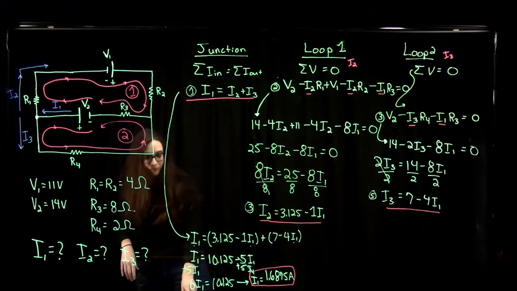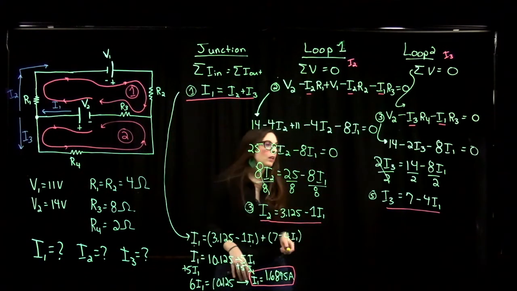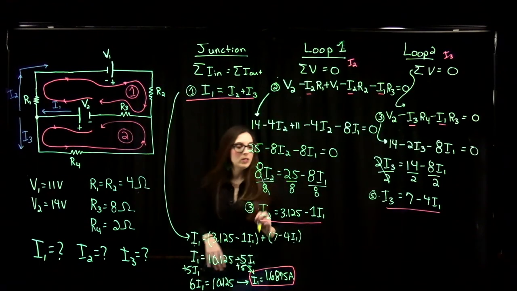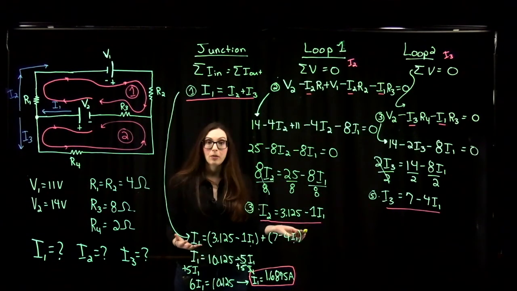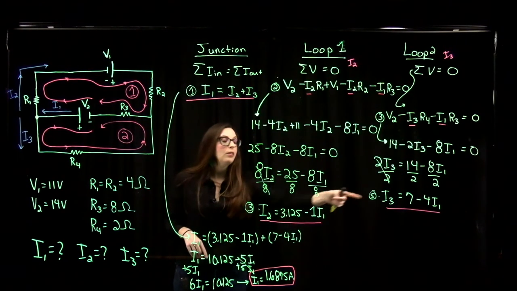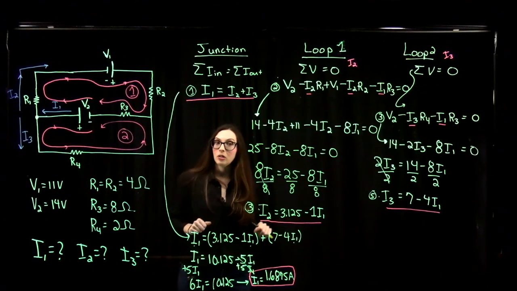Since we got I1, all of these other equations that we did over here and over here, where we solved for I2 and I3 in terms of I1, we just plug in the quantity we got for I1 into both of those equations, and then we get what I2 and I3 should be.